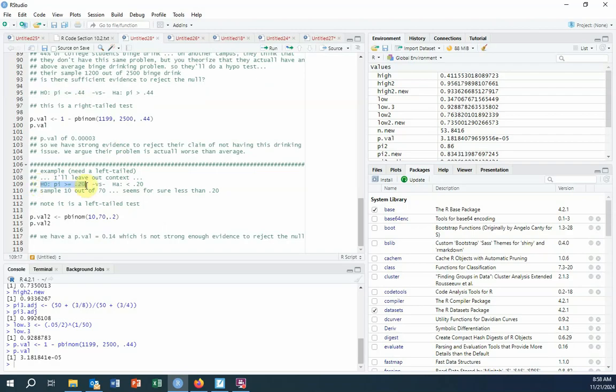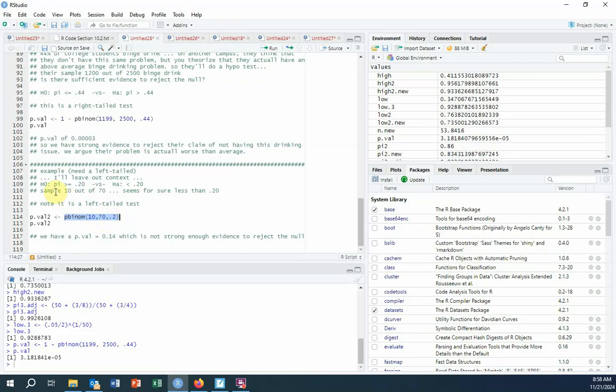So the null hypothesis is it's 20%, you think whatever we're talking about is less than 20%. We take a sample and get 10 out of 70. That seems less than 20%. So let's do a probability test here. We get a hypothesis test. We get the probability using this binomial function, and we put in our x and our sample size, and the hypothesis, the null hypothesis.